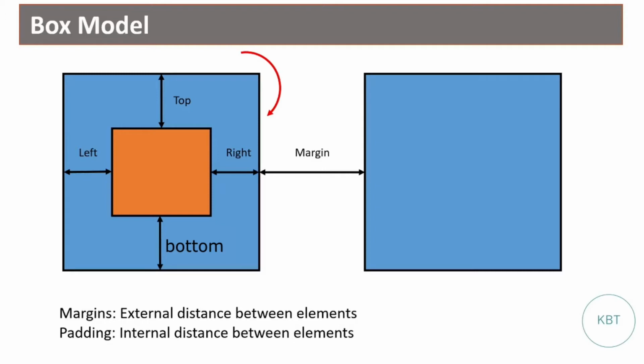In order to understand margins and paddings very well, we need to conceptualize everything as it is presented in the box model. Any HTML element you have, be it an HTML tag, a div, a class or an ID, every element is represented in a box. Let's take this big blue box as an example.